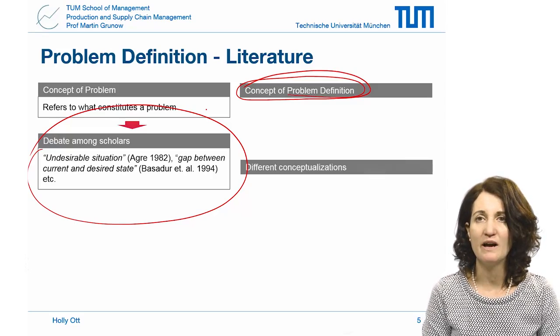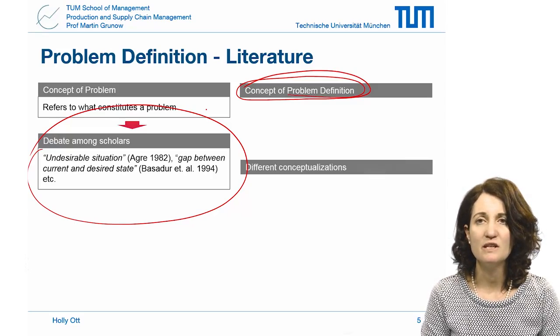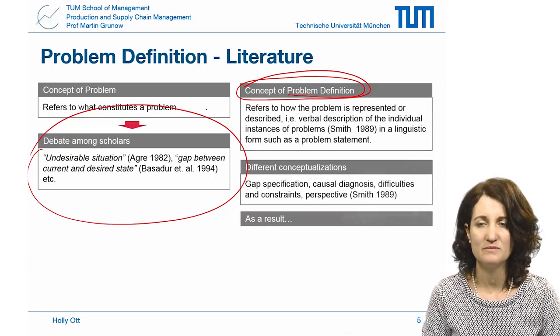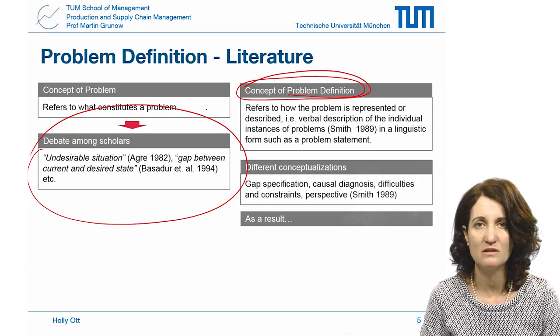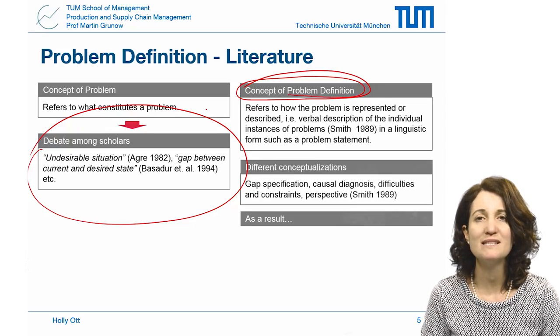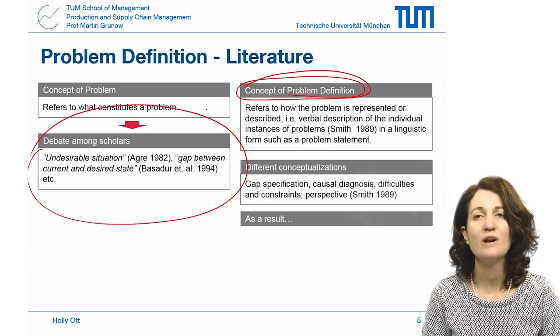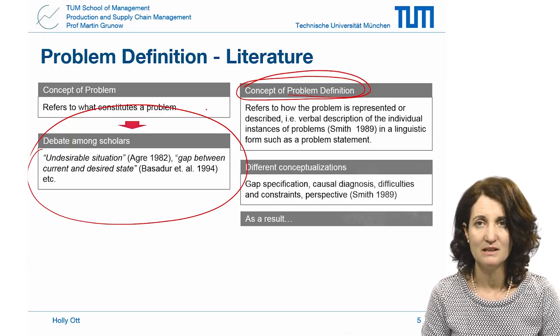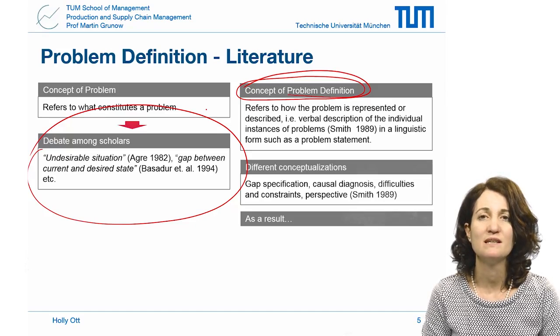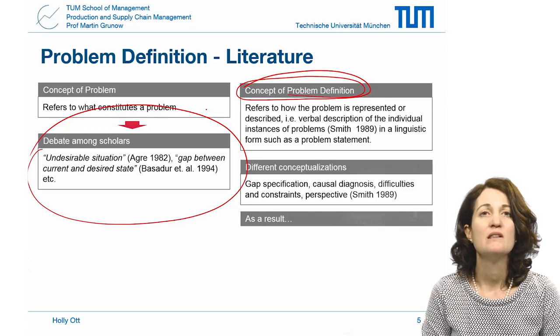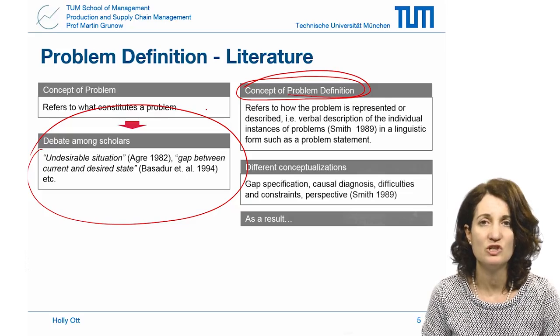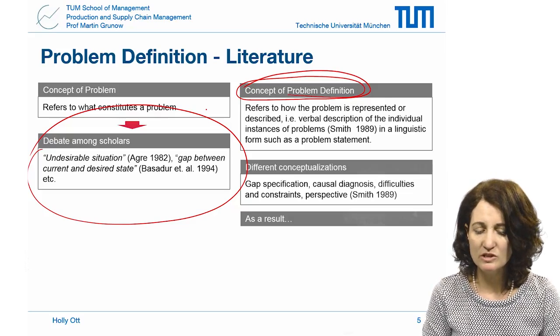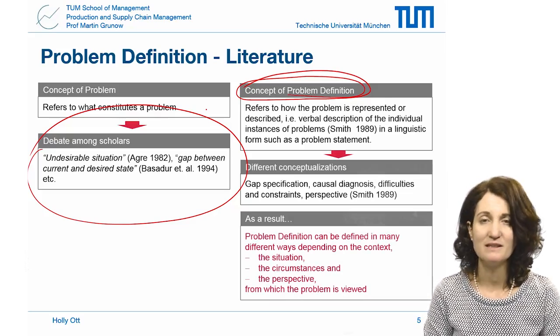As part of define, we need to define the problem. And here we see again, there's a lot of debate among the scholars. How can you verbally state the problem? How can you write down clearly in your contract what is the problem or the improvement that we want to achieve? And the conclusion is, it depends.